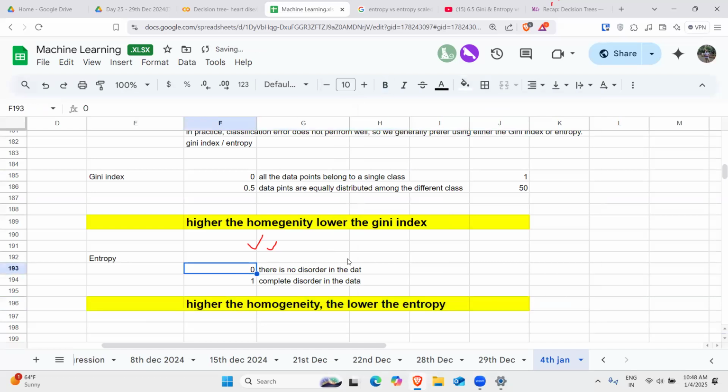See here, the entropy is 0, then there's no disorder in the data, means 100% homogeneous. If the entropy is 1, 50%. So higher the homogeneity, lower will be the entropy. And now that you have understood the different methods to quantify purity and impurity of a node, how do you identify that the attribute results in the best split or not? We'll see this.